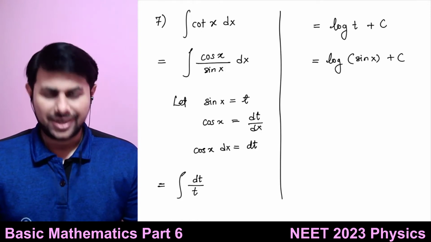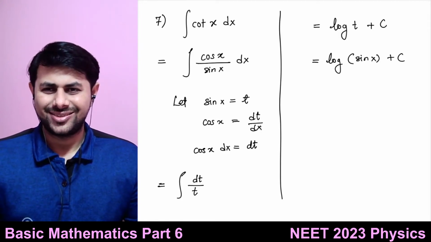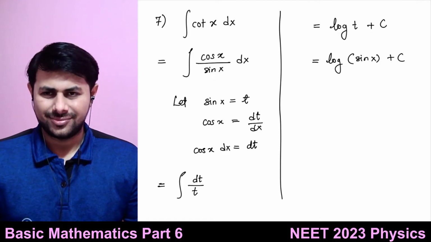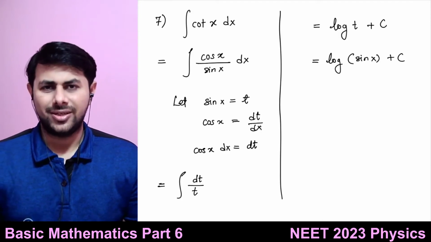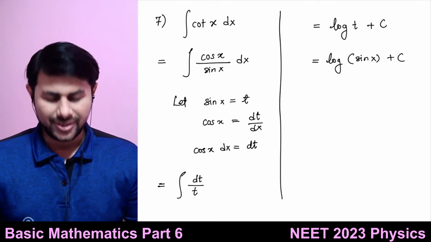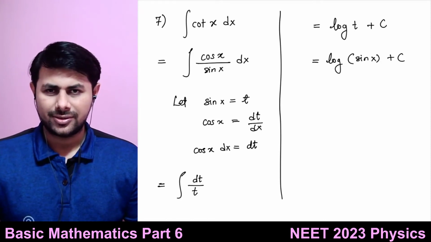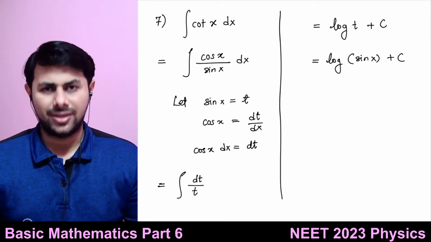Okay. And which log is this? Log to the base 10, log to the base what? It is always log to the base e. Okay, natural logarithm. If it is not given, then it's always log to the base e.